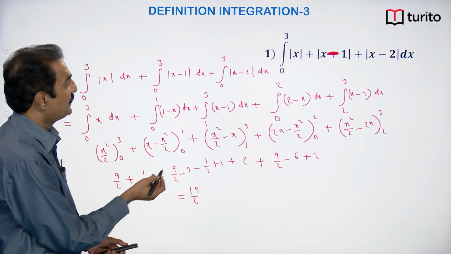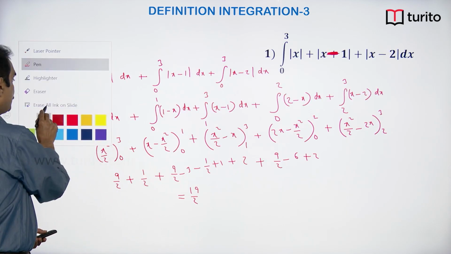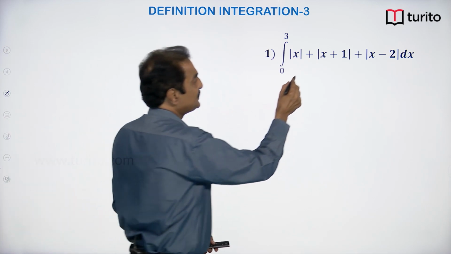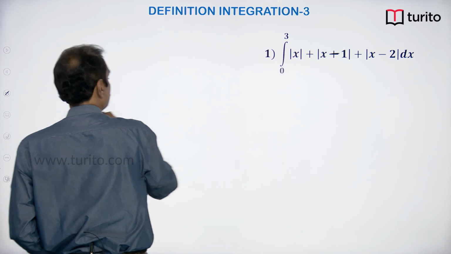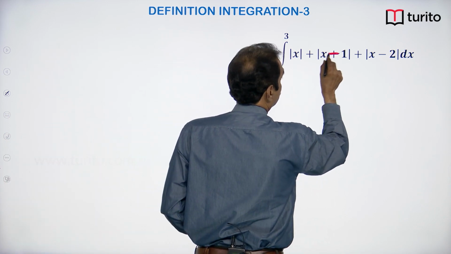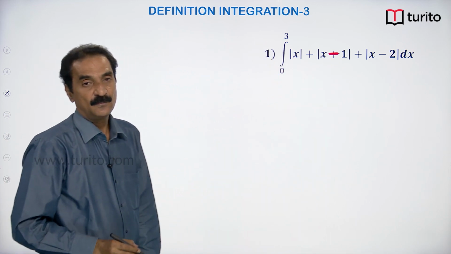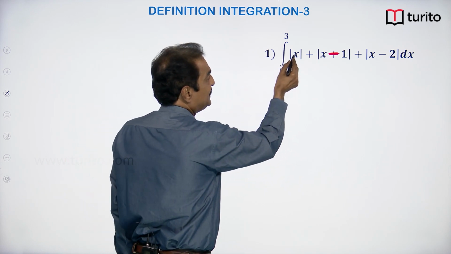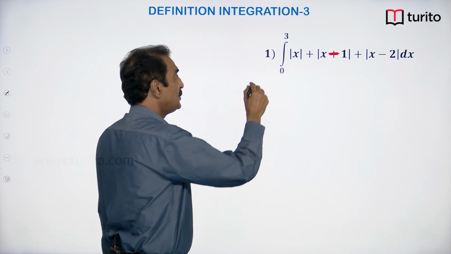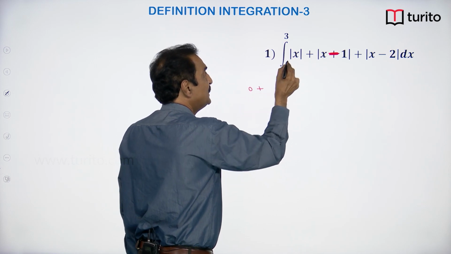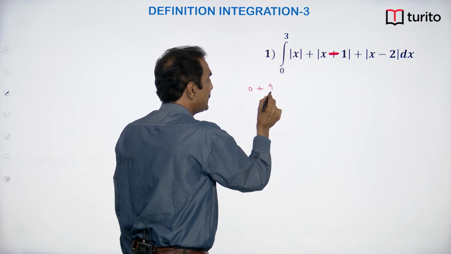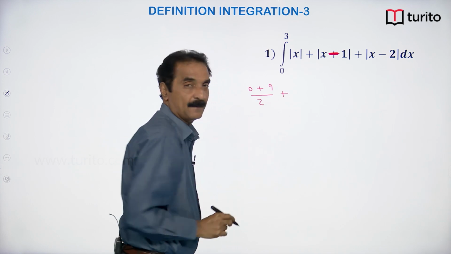See, this is x minus 0. Now here c is 0, so 0 minus 0 whole square 0 plus 3 minus 0 whole square 9 by 2, first integral.